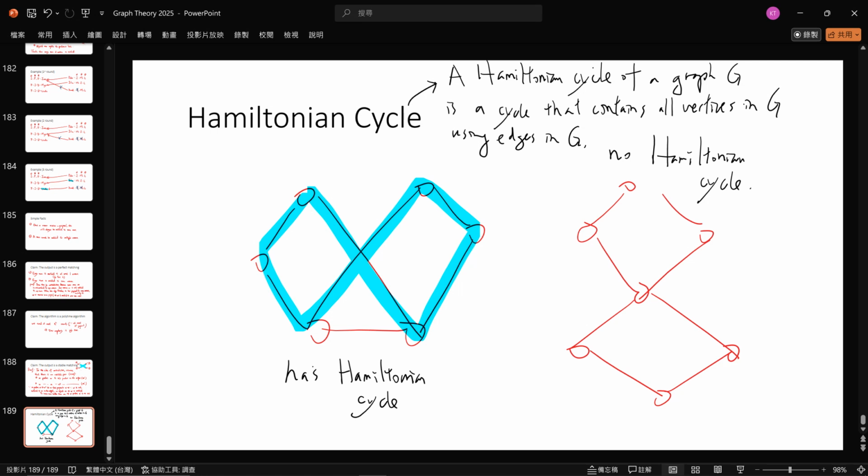So this is the definition. To discuss Hamiltonian cycle, first you have to have a graph. And a Hamiltonian cycle is a cycle that contains all the vertices in the graph. We can only use edges in the graph, so you cannot add new edges.